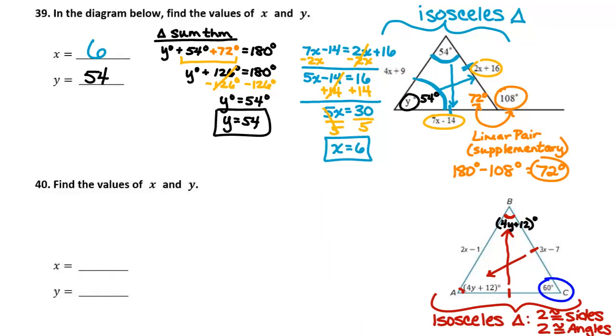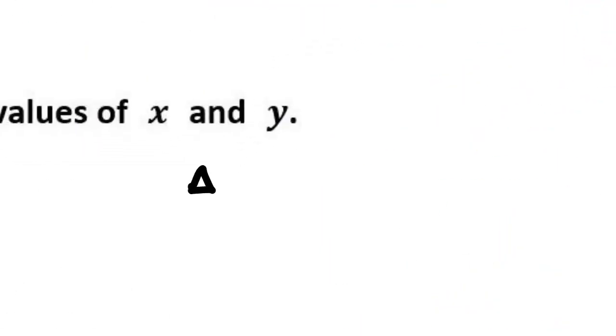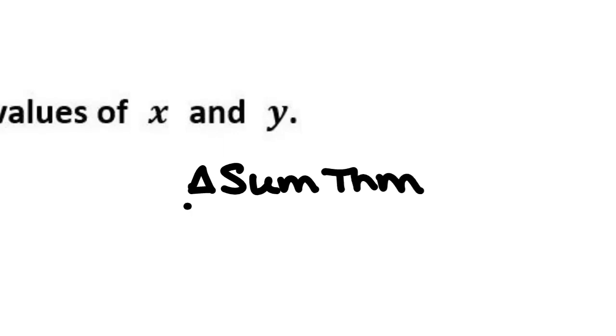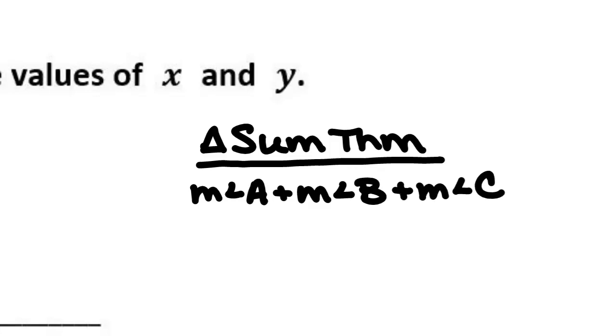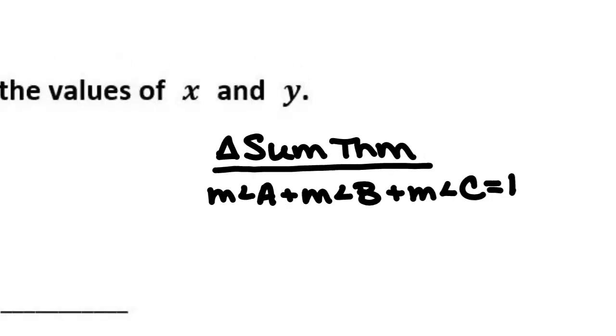And I can use my triangle sum theorem, so I would have the measure of angle A plus the measure of angle B plus the measure of angle C equals 180 degrees.